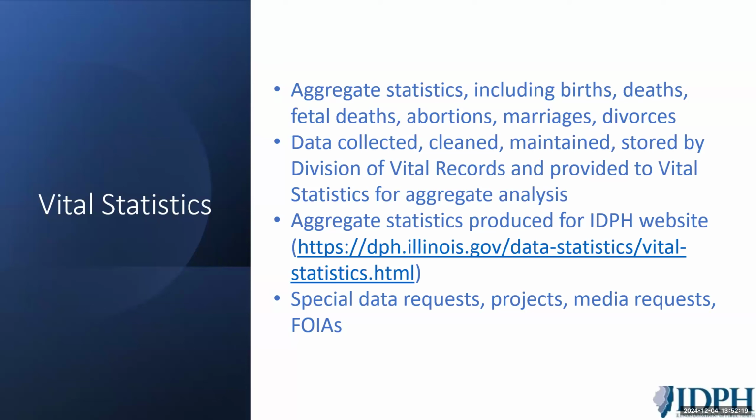They collect every birth that occurs in Illinois from hospitals, and it's an electronic data collection. And then they collect all deaths that occur in Illinois from funeral directors, and then coroners, physicians, and medical examiners contribute the cause of death part of that death certificate to that record.